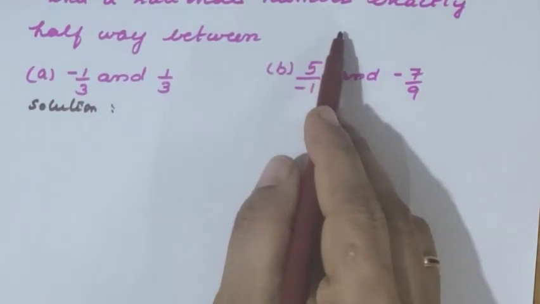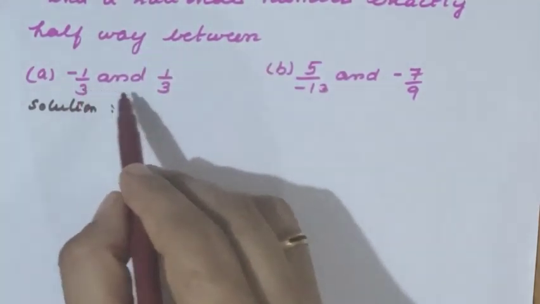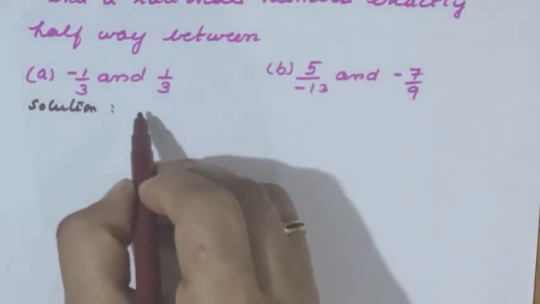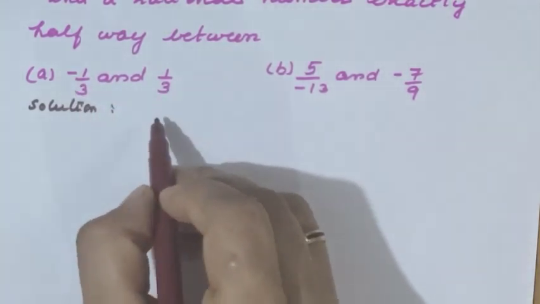Find a rational number exactly halfway between minus 1 by 3 and 1 by 3. Half means it's average only. So first solution, minus 1 by 3 and 1 by 3.